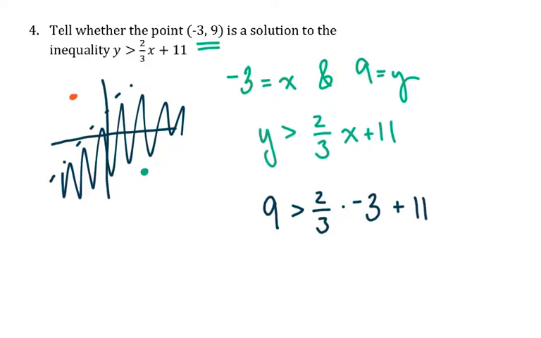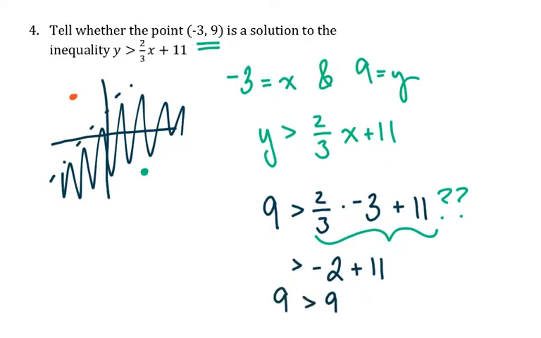And then the question is just, is this true? And we can do some simplification over here. We end up with 2/3 times -3 is -2 plus 11, which is 9. And then the question becomes, is this now a true inequality? And the answer is no.